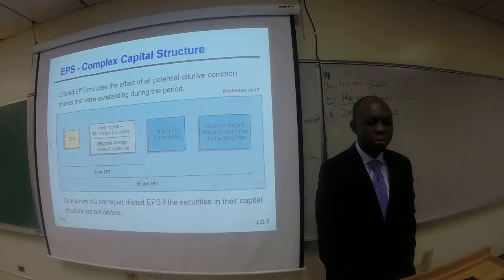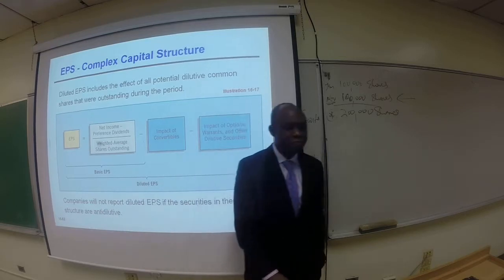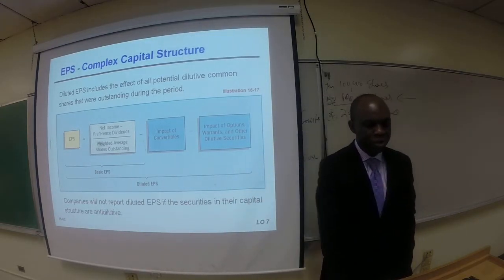EPS, how do we compute EPS? For basic EPS, basic EPS is applicable to a company with simple capital structure. So the formula, as previously discussed, is net income minus preferred dividends. There's a typo here. This is not preference. This is preferred dividend, meaning preferred stock dividend.